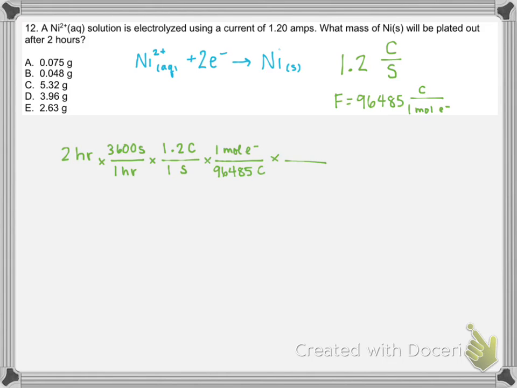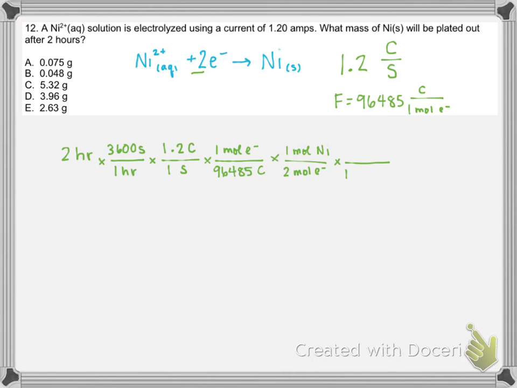Okay, then I look up in my reaction and I don't have 1 mole of electrons. I'm going to have 2 moles of electrons. And for every 2 moles of electrons that I put in, I'm going to get out 1 mole of nickel. They're not asking me about moles of nickel, they're asking me about grams of nickel.